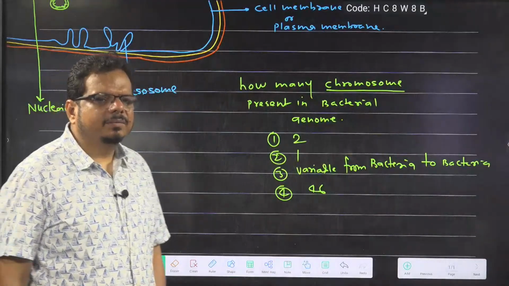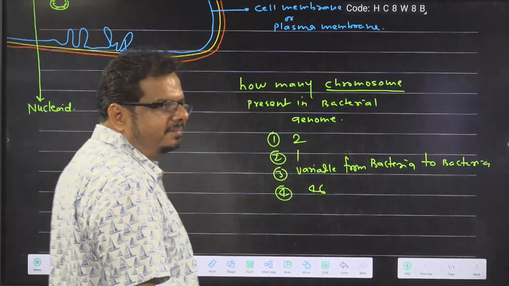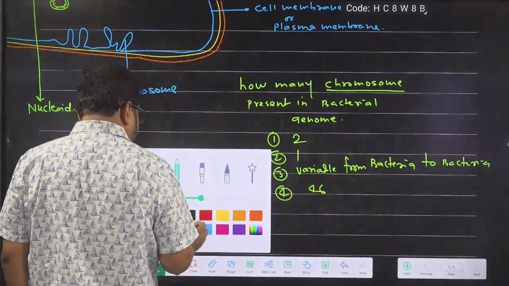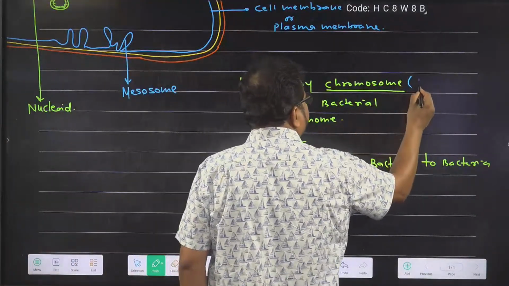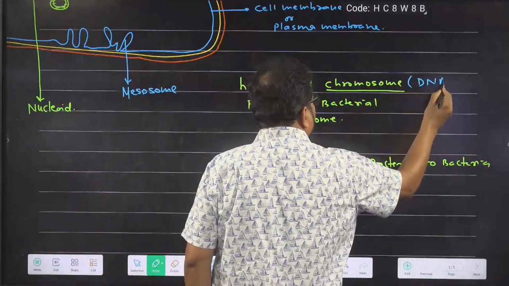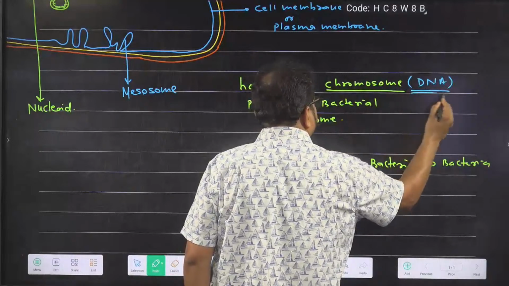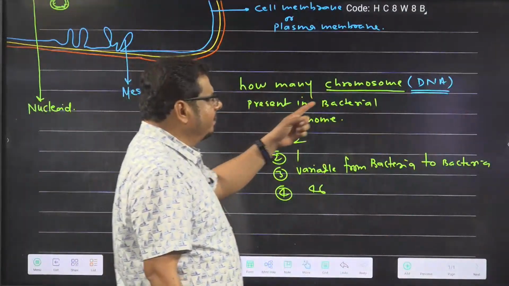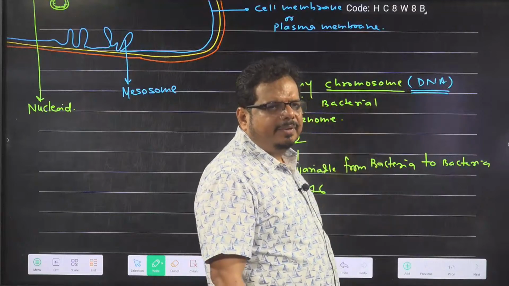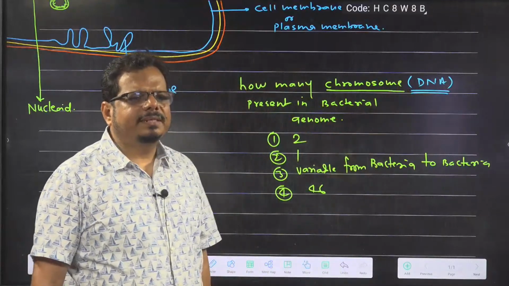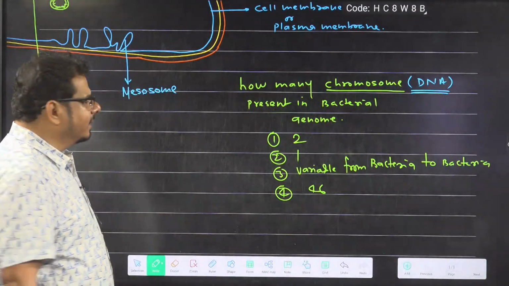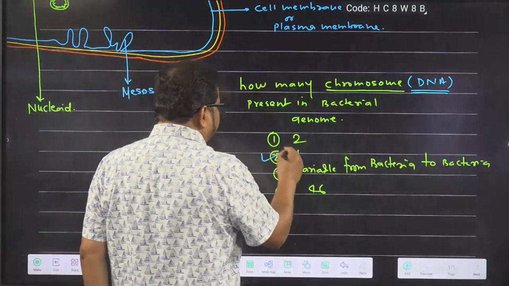So what answer will you give? How many DNA or chromosome, anything people can ask. Here the actual true chromosome is not there, DNA is there. So here we write DNA in brackets in place of chromosome, because a true chromosome is not present in bacteria. I will tell you later on what a chromosome is. So what is the correct answer? It is 1.